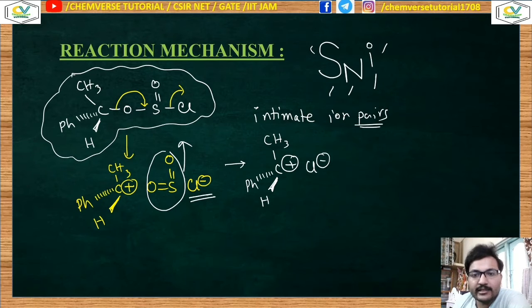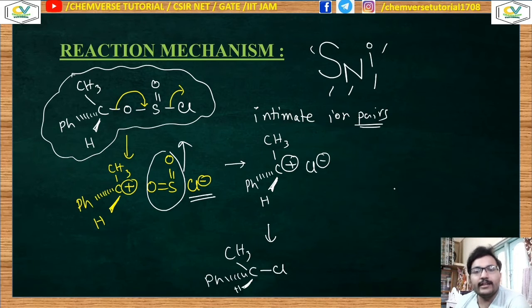So this kind of intimate ion pair is produced, and the obvious result is that they will form a C-Cl bond to produce your final product. This is your final product. Now you can see that this one is your leaving group, and Cl minus is attached to that side where the leaving group was present initially.